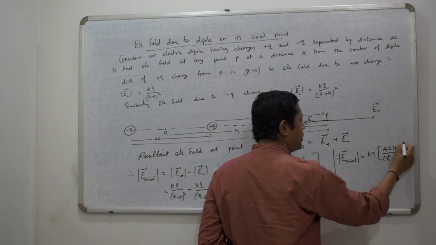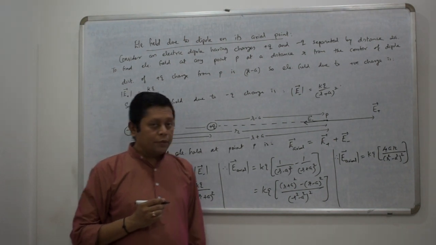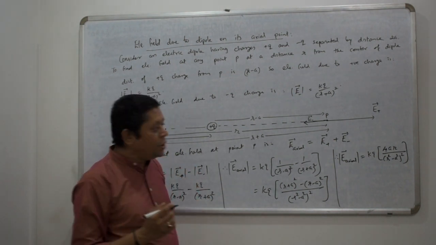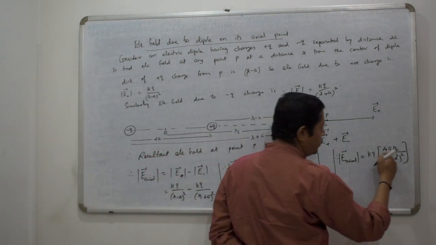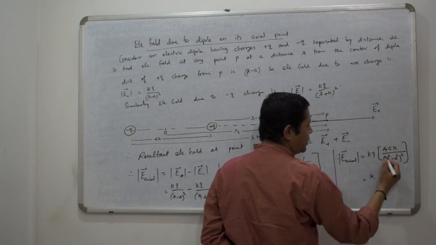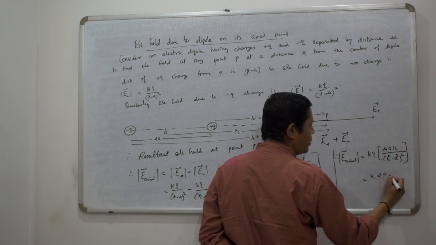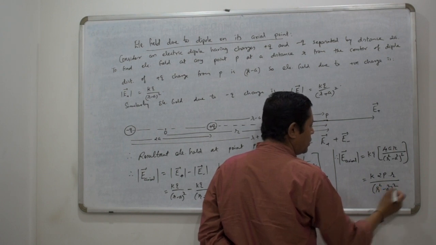(r square minus a square) whole square. As you know, dipole moment is the product of either charge into separation, that is q into twice a. Here we have q into 4a. So this quantity, if you write in terms of dipole moment, you can write q into 4a is 2 times dipole moment P into r upon (r square minus a square) whole square.